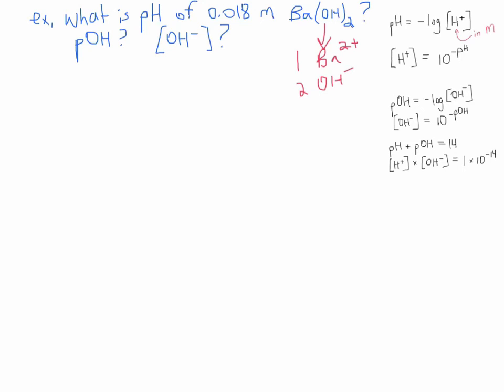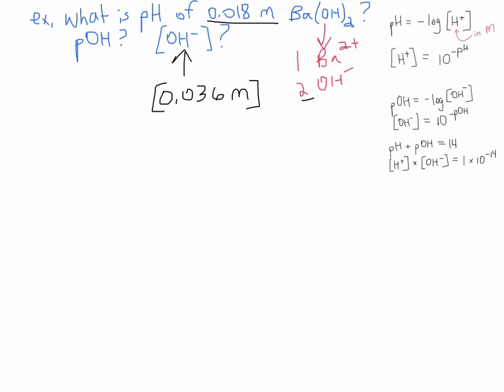So our concentration of OH minus is going to be double the 0.018 molar. So because there's two OH minuses, our concentration of OH minus ion here is actually going to be 0.036 molar. That's our concentration of OH minus because, again, we've got two hydroxide ions in one BaOH2. So we take our 0.018 molar and double it to make it 0.036 molar.